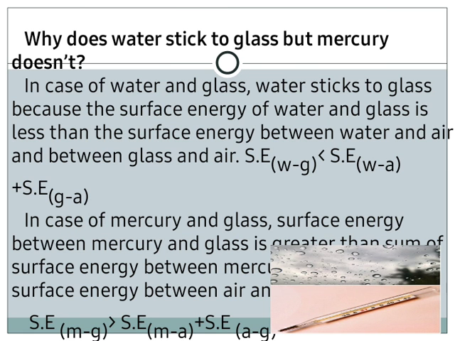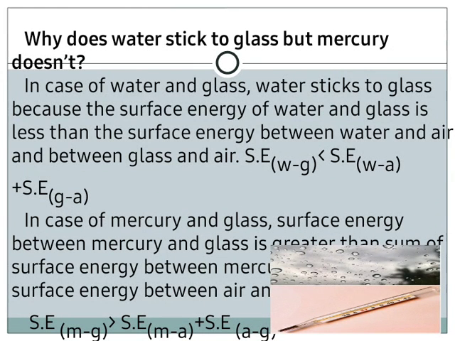SE_WG is lesser than SE_WA plus SE_GA, where SE is the surface energy, and the subscripts WG, WA and GA are the water-glass interface, water-air interface and glass-air interface respectively. In the case of mercury and glass, the surface energy between mercury and glass is greater than the sum of the surface energy between mercury and air and the surface energy between air and glass.